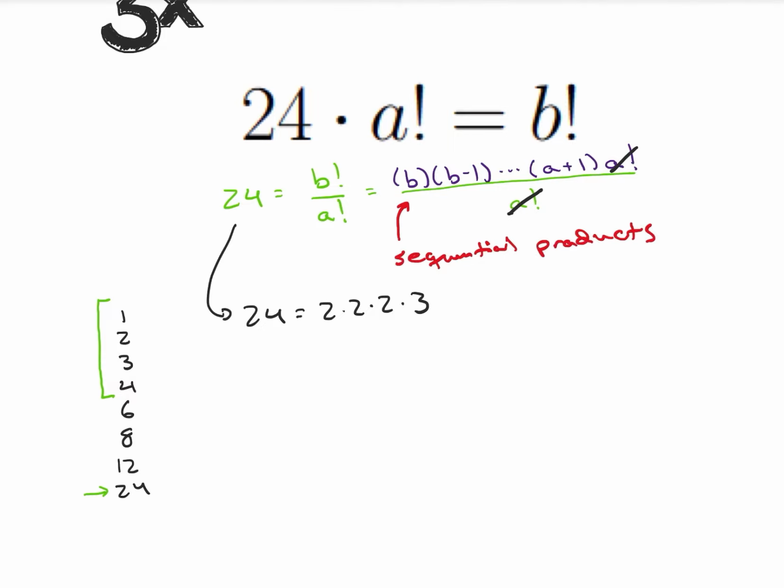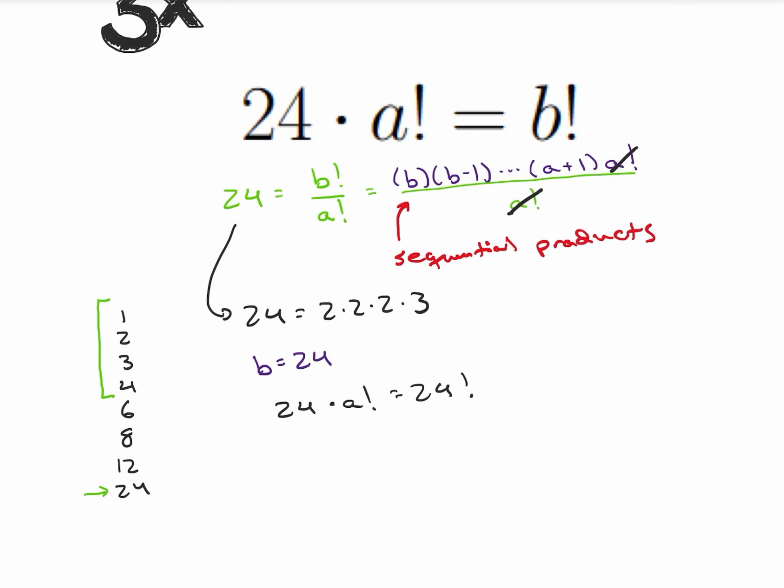So I could have b equal to just the number 24. What does that mean? I would have 24 factorial. So if we rewrite our equation, I would have 24 times a factorial is equal to 24 factorial.